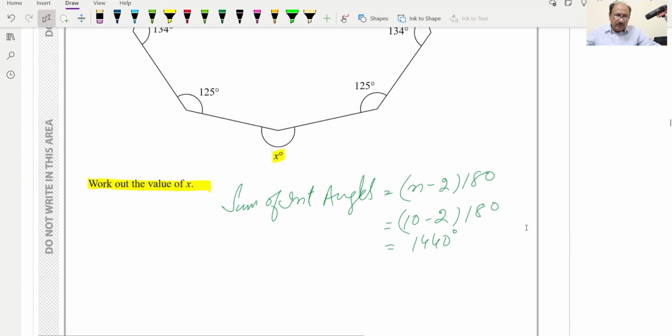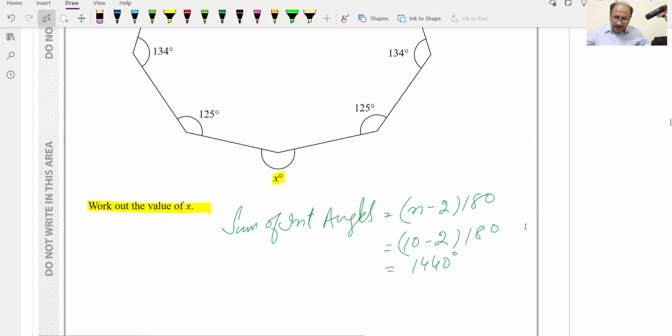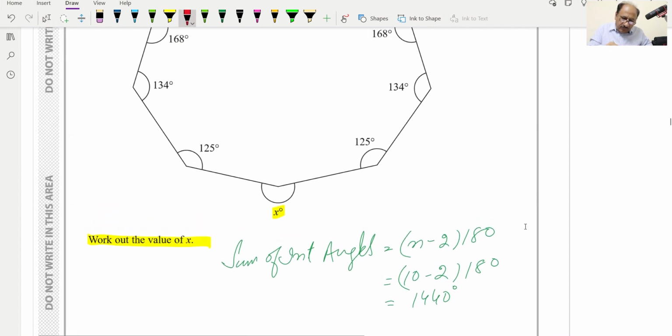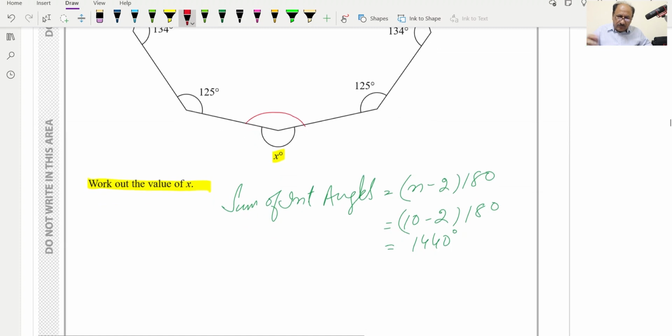Now we can check this angle. X value we need to find. For that, we will find this interior angle first, and we will add all these angles starting from, for example, 128.